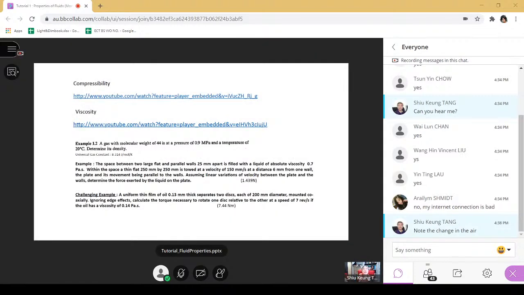Now, what you have seen is a demonstration of the compressibility of air, right? When the bottle is compressed, the volume of the air is reduced. Temperature is unchanged, so PV equals a constant.